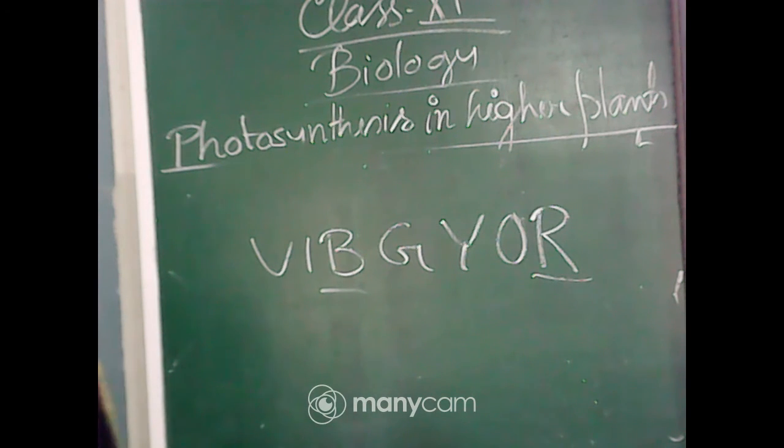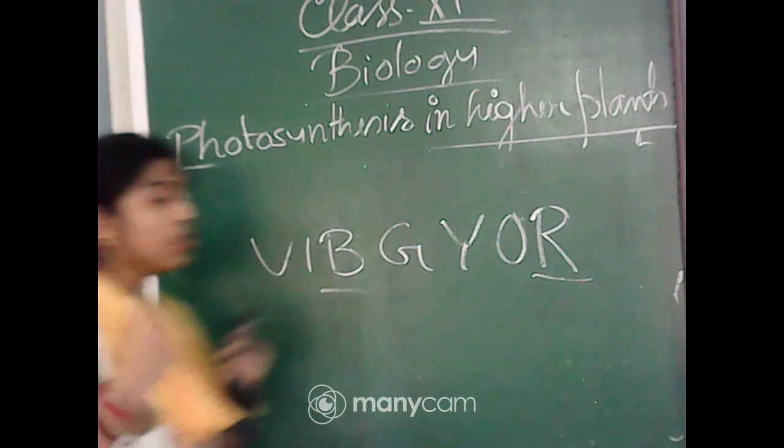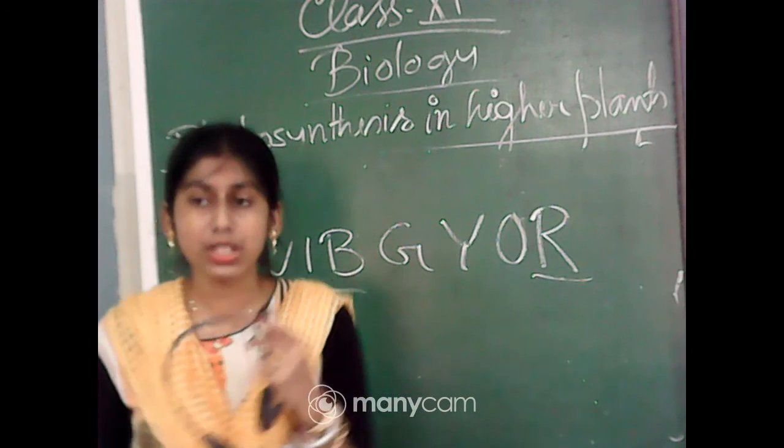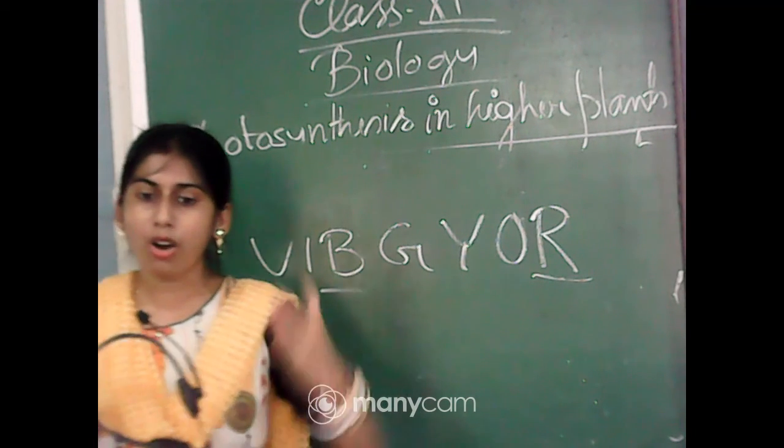Okay, so the next function of accessory pigments is that they protect the chlorophyll from photooxidation. For performing photosynthesis, a continuous supply of light is required.